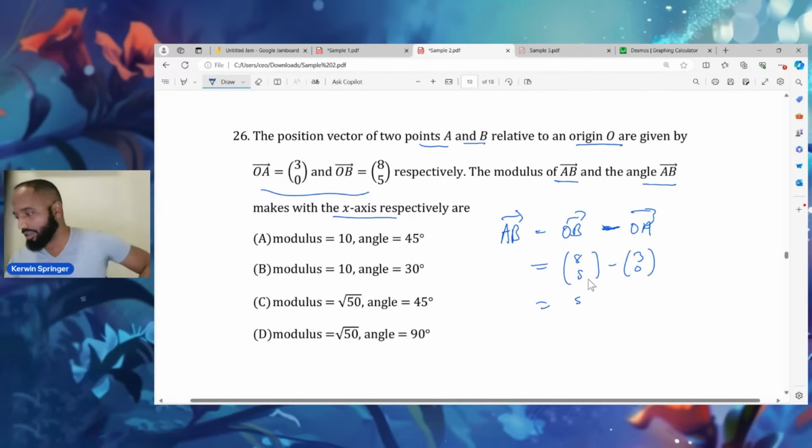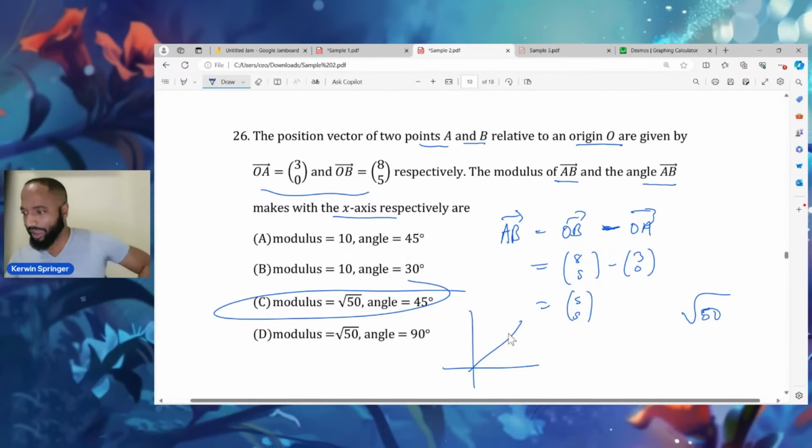So this is (5,5). So that's an angle of 45 degrees. And the modulus of that would be the square root of 5 squared plus 5 squared, the square root of 25 plus 25, which is 50. So C is the answer. If it's (5,5), that means it's going up like this, with an angle of 45 degrees.